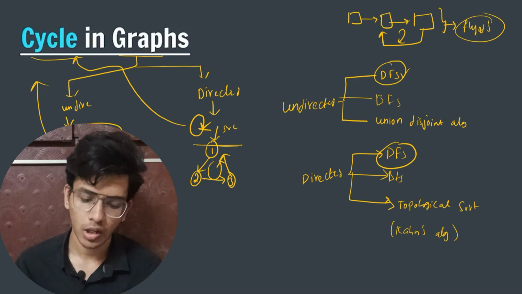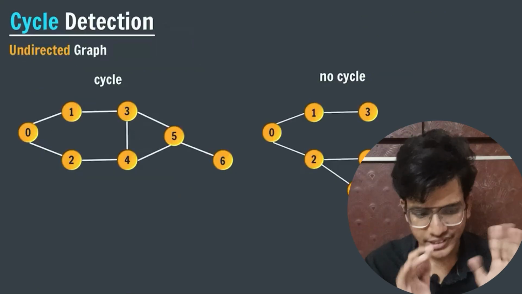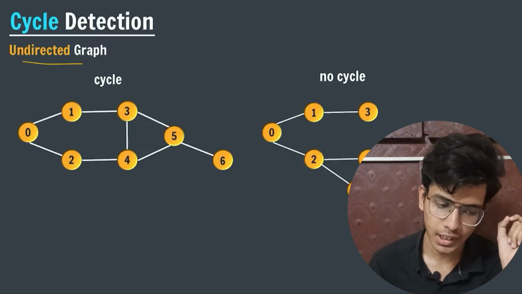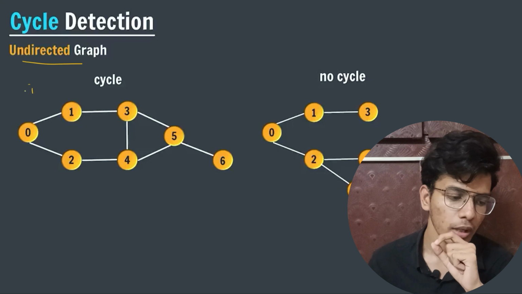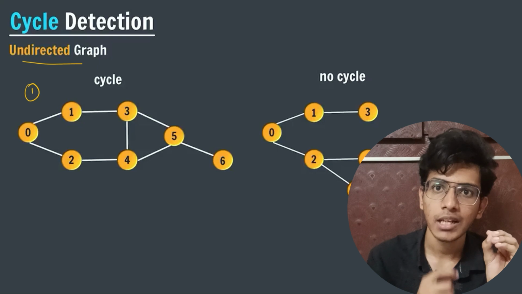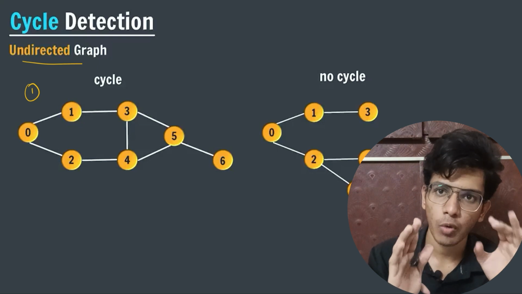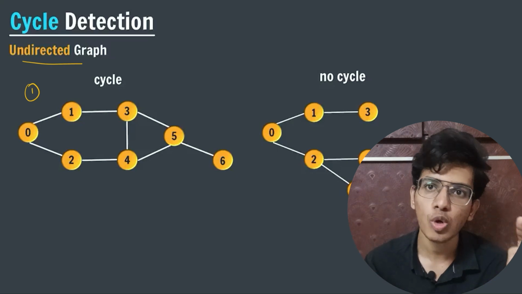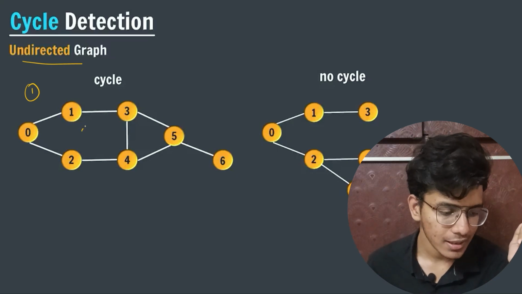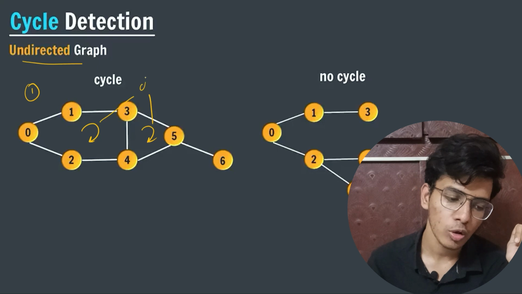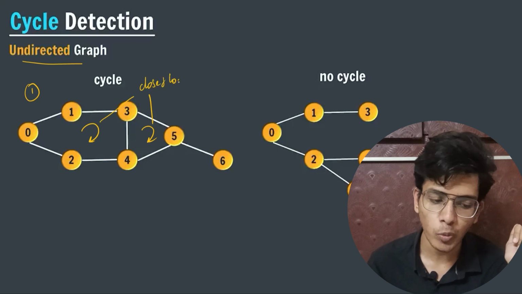Now let us talk about cycle detection. In the first diagram, this is the undirected graph, right? If a cycle exists, then you can easily observe, in whatever graph you are constructing, a closed loop. Here you can see that this one is a closed loop and this will become another closed loop. Here two closed loops exist.